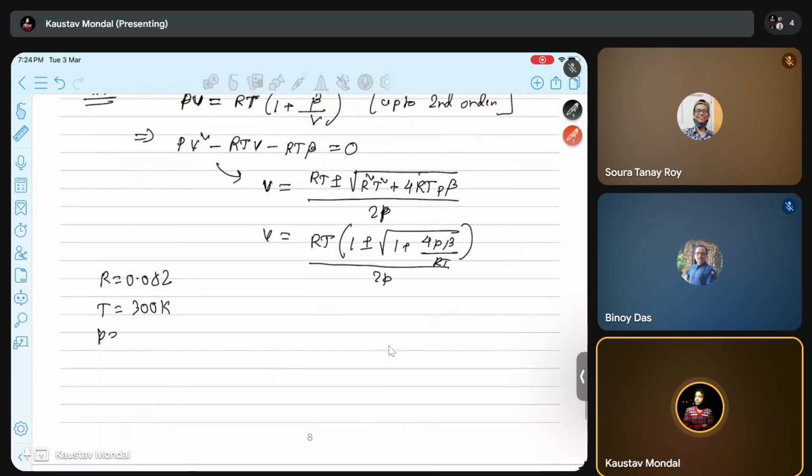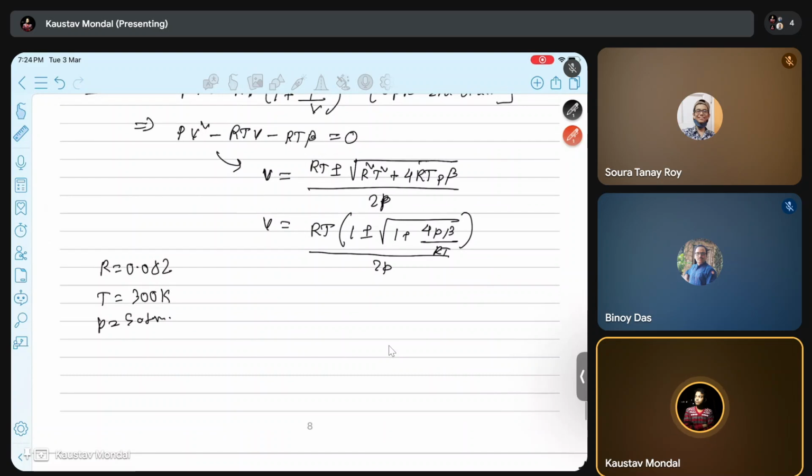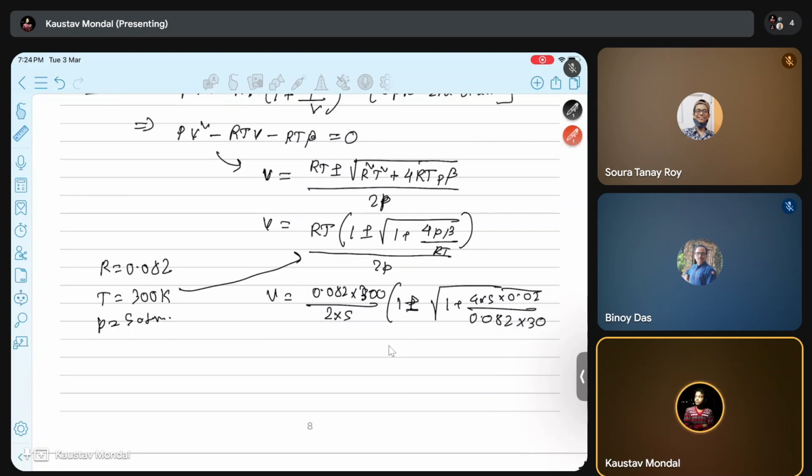So V equals 0.082 into 300 divided by 2 into 5, times 1 plus or minus the square root of 1 plus 4 into 5 into 0.02 divided by 0.082 into 300.